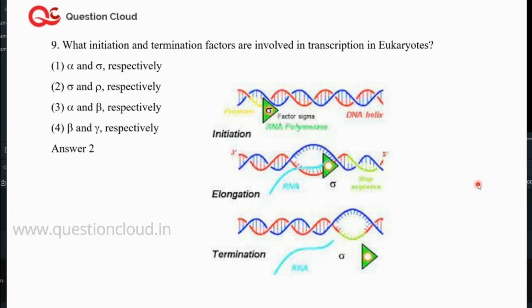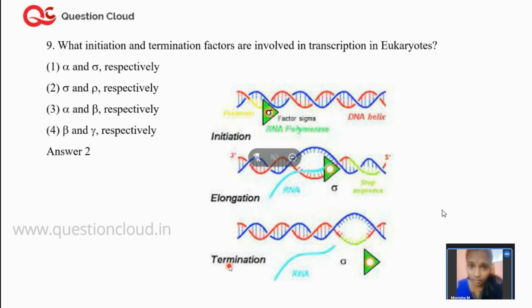So for initiation, that is, to initiate converting DNA into RNA, we require specialized enzymes which are called RNA polymerase and sigma factor. Okay, so sigma factor is a very, very important factor that is involved in initiation. So in the question, if you look carefully, what is the initiation factor? Transcription is nothing but converting DNA into RNA.